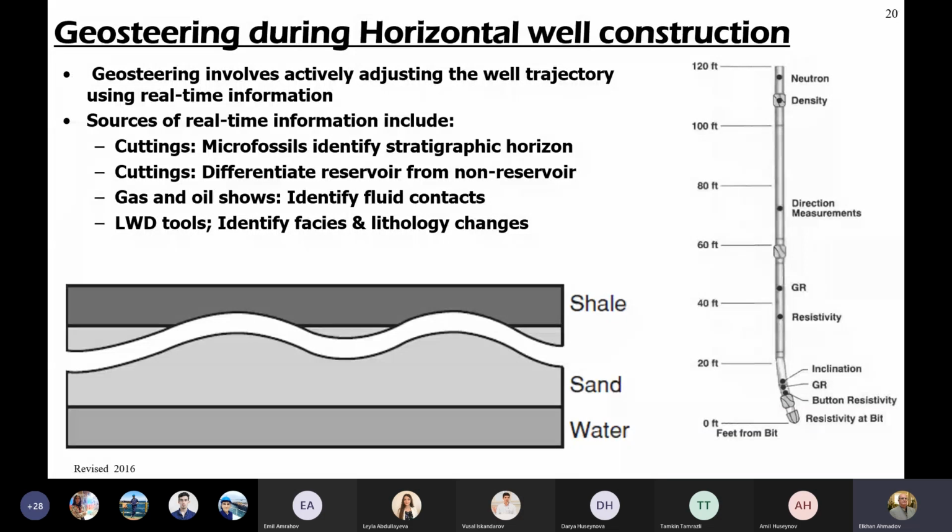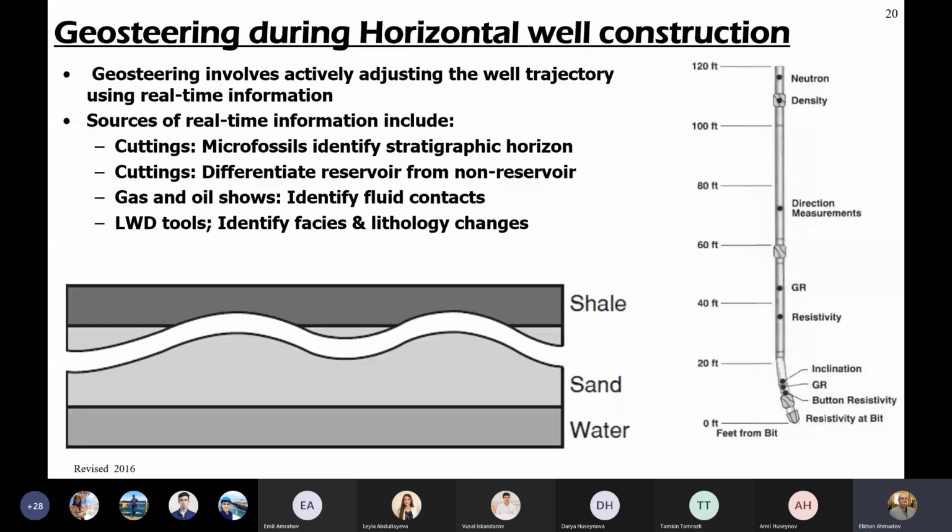And lower drawdown means lower pressure depletion. In any case, pressure maintenance is again one of the major reservoir management issues, so it has to be followed.